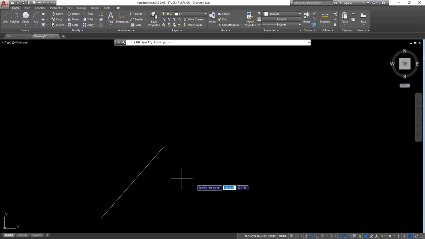Starting again a line, you can see that the coordinate system is rectangular, but you don't have to press the comma key or enter the comma symbol to specify the x and y values. You only have to type another key. For example, if you are going to start from the point 105 and 30, for example, you can type comma, but you can also press the tab key.